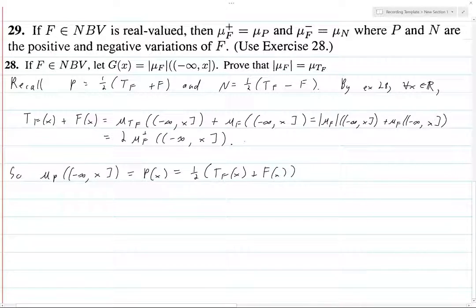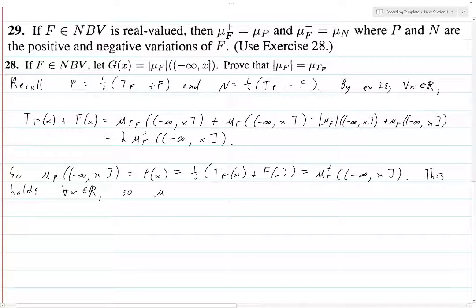But we just saw up here that Tf plus f is equal to 2 mu f plus. And so because we're taking 1/2 of it, we're going to get 1/2 of 2, which is, hold on, give me a second, that's 1. So we've got mu f plus, and then we've got negative infinity to x here. This holds for all x in R.